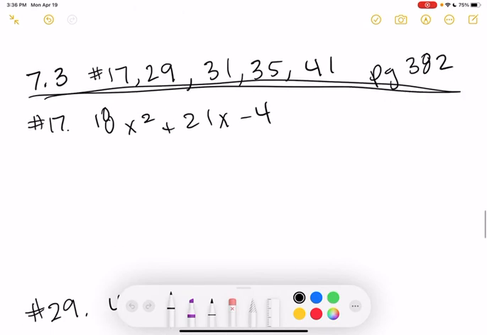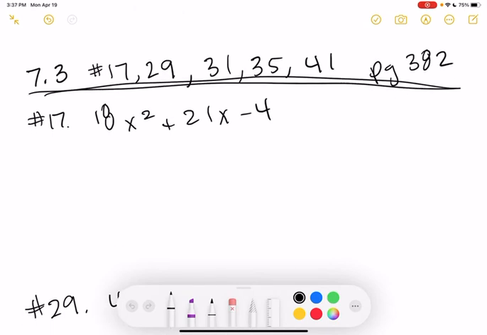All right, section 7.3. This is number 17. There is no greatest common factor. And if you are used to the shortcut, this one you can't use it because that only works when you have a big 1 out front. And we have a big 18. Okay, so it's gonna be a doozy here. So looks like we're gonna have to break apart that middle term, right?